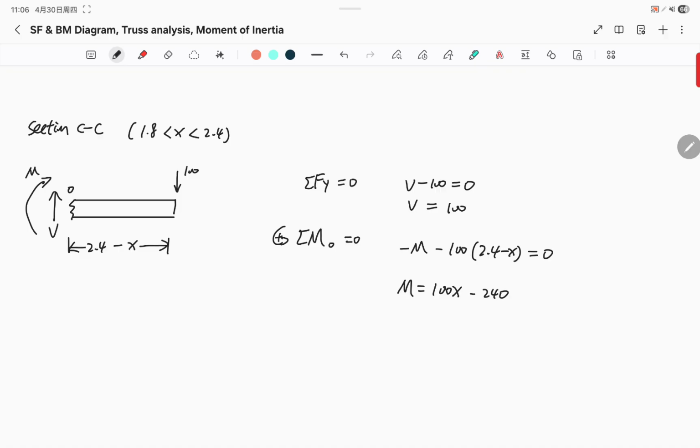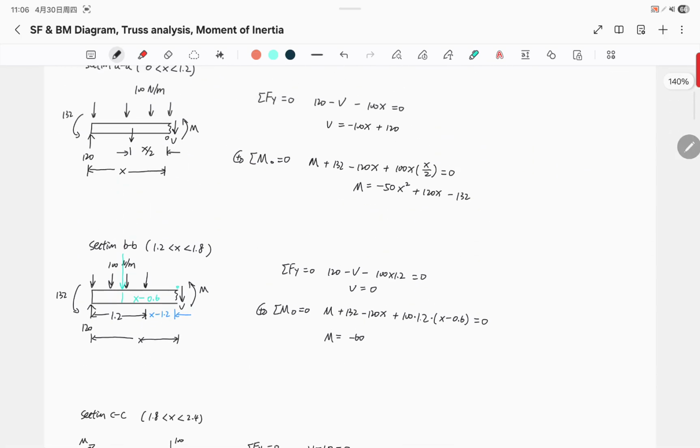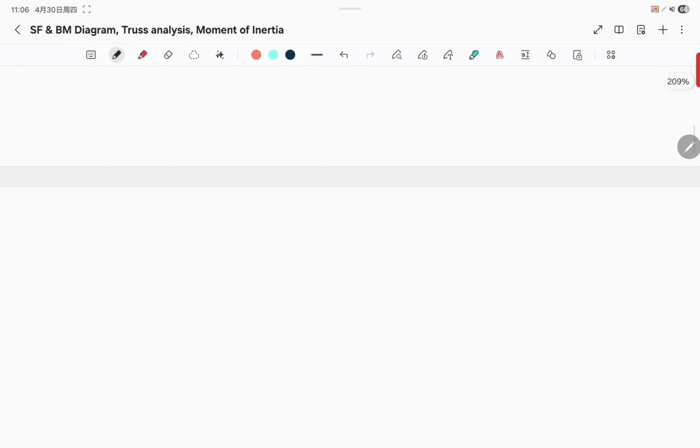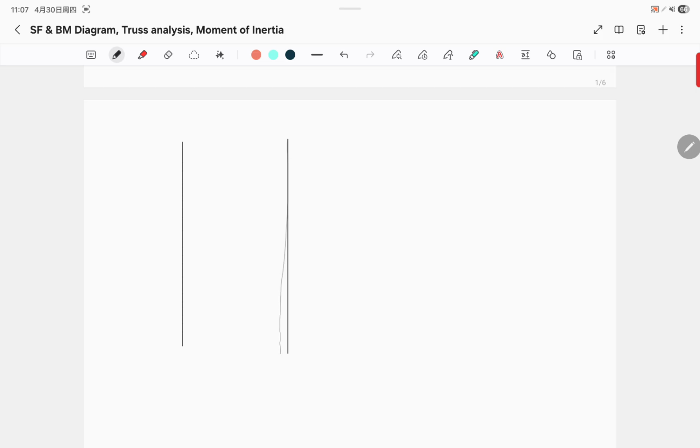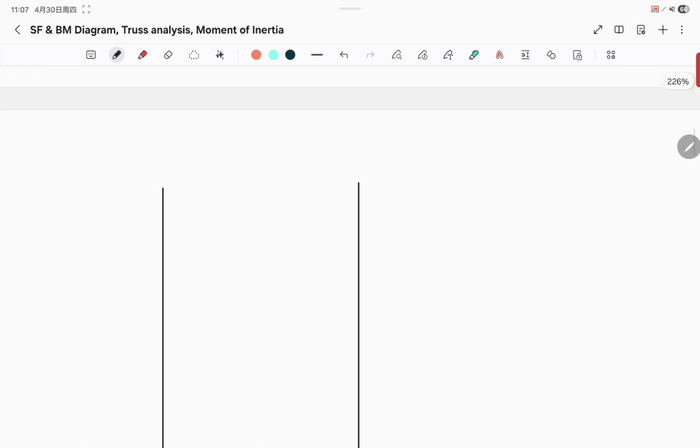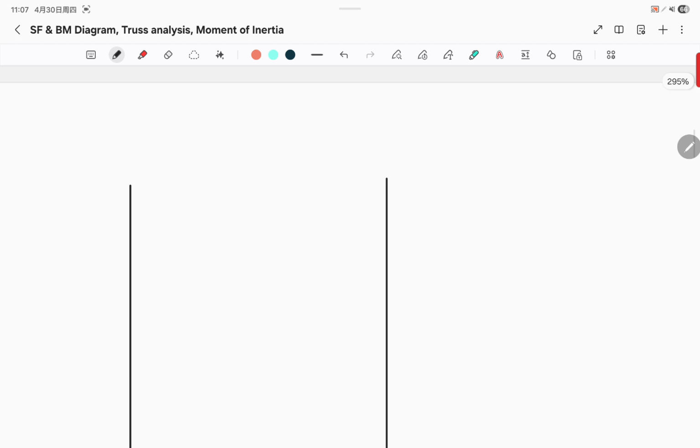And now we are ready to draw the shear force and bending moment diagram. Let me draw very long lines. And we have 3 sections.